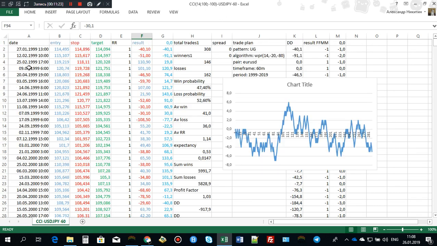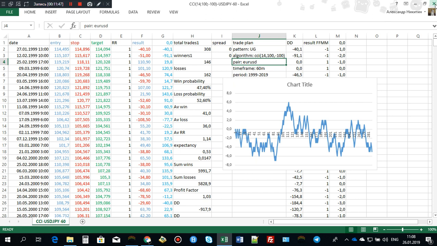Any date from this Excel spreadsheet can be verified by you. 100 to minus 100. I simply copied the name of this algorithm and didn't change it, but I changed the name of the Excel spreadsheet.